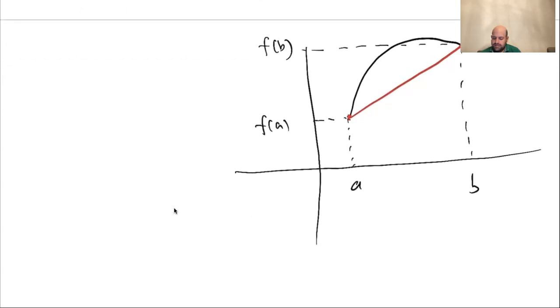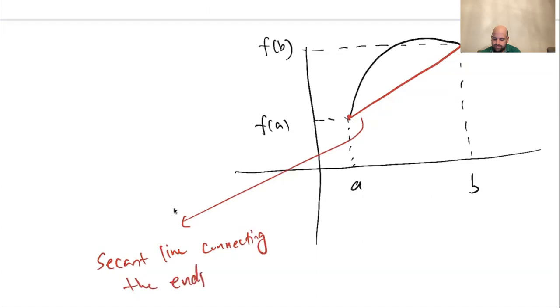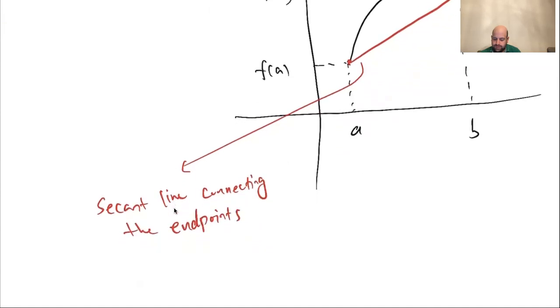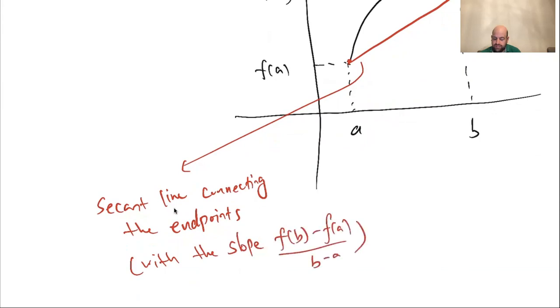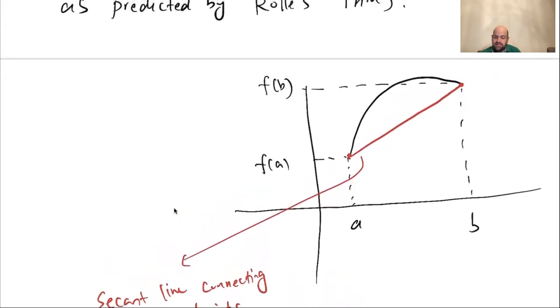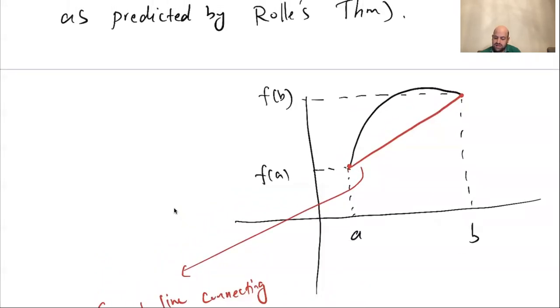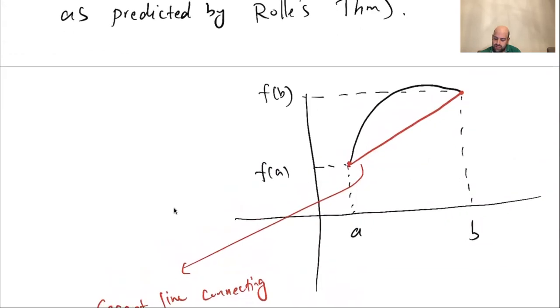Okay, this is the secant line connecting the endpoints with the slope f of b minus f of a over b minus a. So this must be parallel to one of the tangent lines. In this graph, basically it will be a line like this, somewhere around here.